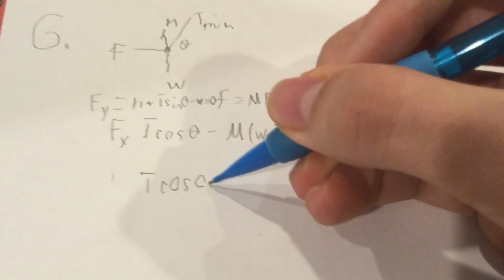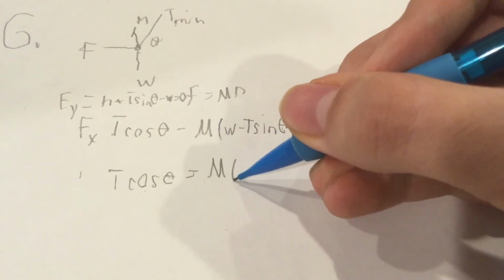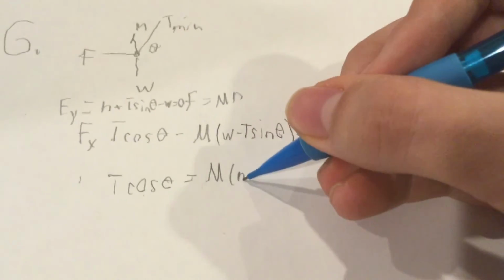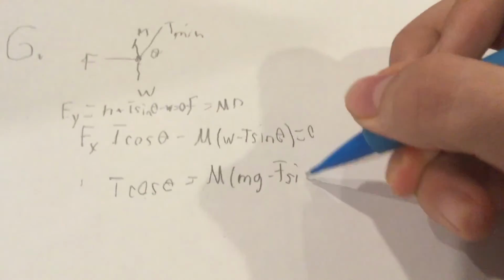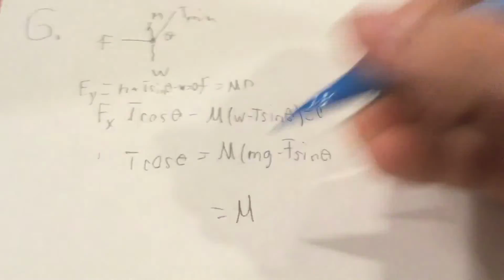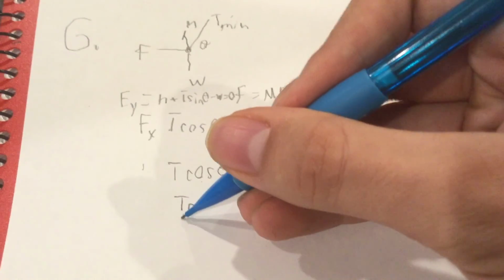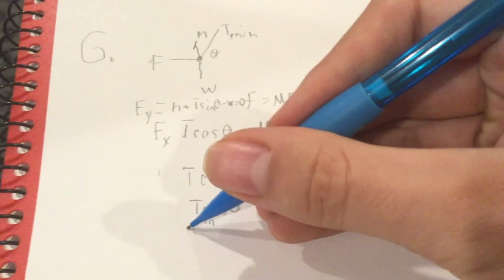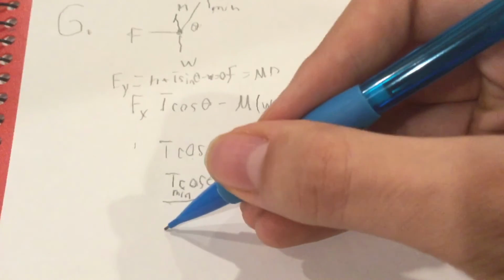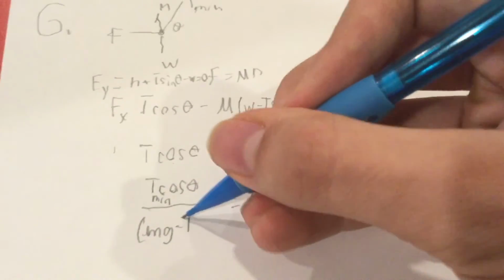T cosine theta equals nu, and we'll replace W with mg minus T sine theta. So we'll have nu equal to T min cosine theta over mg minus T sine theta.